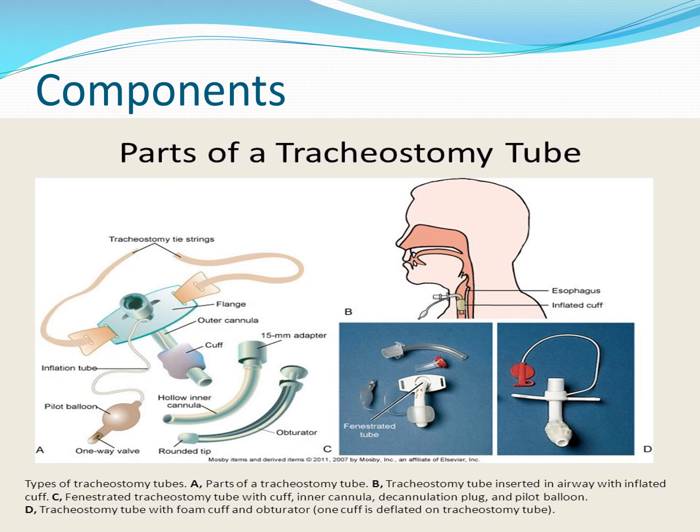This figure or image depicts the parts, if you will, of the tracheostomy tubes. So you have the retaining ties or strings. You have the pilot balloon and the pilot balloon tubing. You have an outer cannula that has a cuff that can be filled through the pilot balloon.